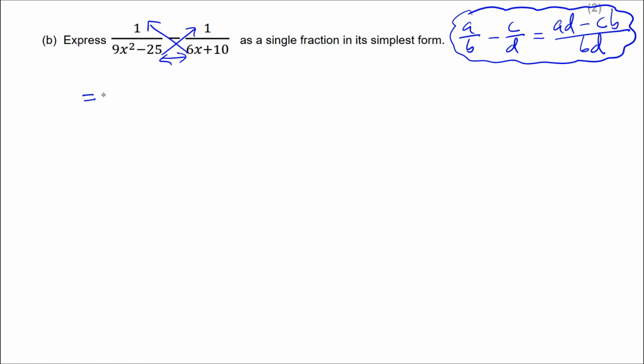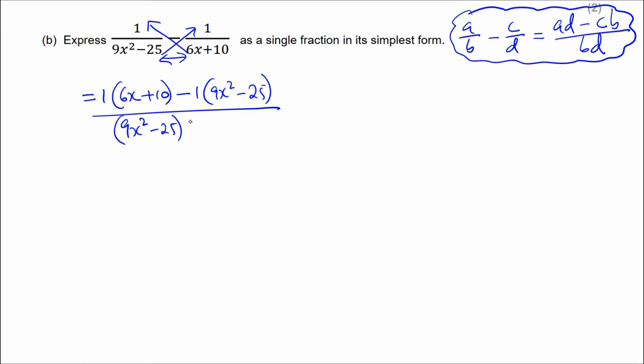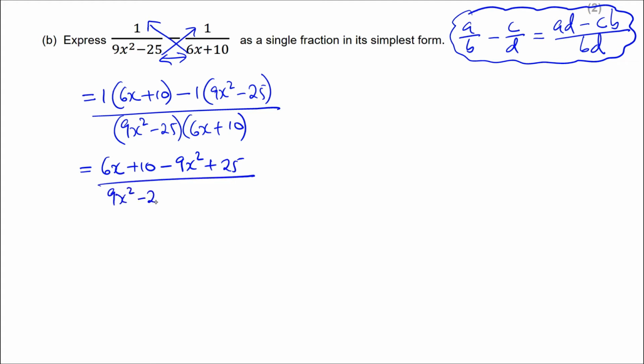So this will be equal to, we multiply this and this, so that will be 1 into 6x plus 10 minus 1 multiplied by 9x squared minus 25 over this multiplied by this, which will be 9x squared minus 25 multiplied by 6x plus 10. And then we just simplify the numerators, so that will be 6x plus 10 minus 9x squared plus 25 over 9x squared minus 25 and 6x plus 10.